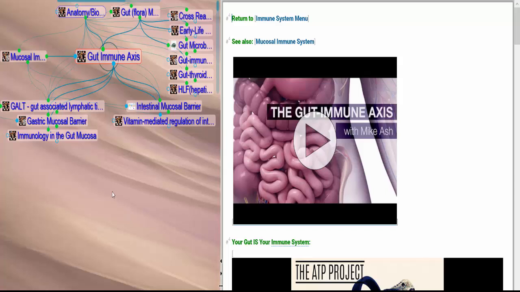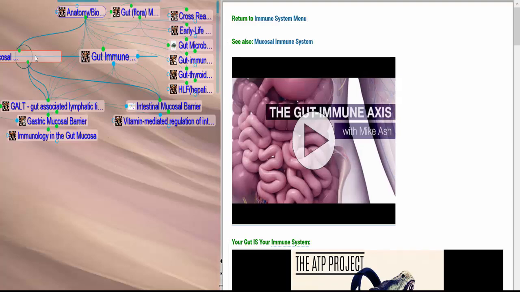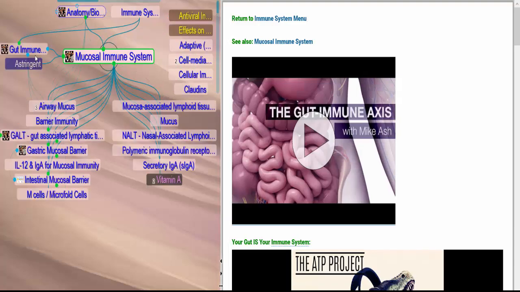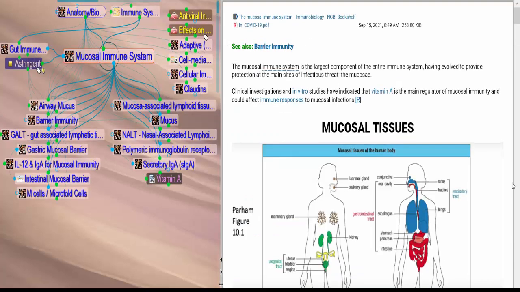And here we are. Now, today we're going to focus on the mucosal immune system. You'll see that attached on the left side of the screen, the mucosal immune system. So let's click on that and get started with our recap. Our mucosal immune system is the largest component of the entire immune system.